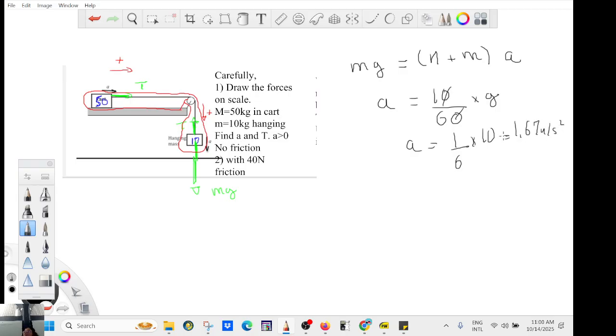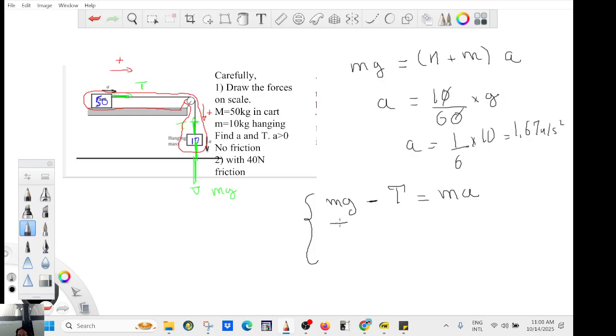Are you with me? Now, instead of doing it this way, you can decide to do it the long way. We're going to say, okay, we are just focusing on this one. So this one is accelerating down. So we're going to say driving force minus the loser, the one in the opposite direction. So that will be mg minus T equals ma. And then I focus on that one.